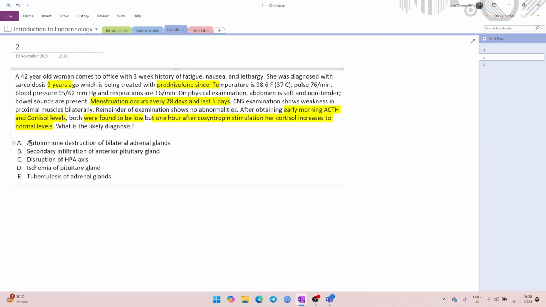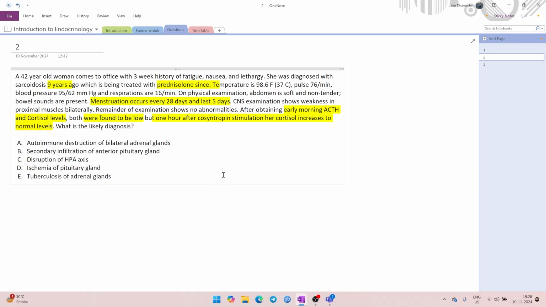So we got two options: autoimmune destruction and secondary infiltration. There is also disruption of the HP axis, ischemia of the pituitary gland, and tuberculosis of the adrenal glands. How do you get to the answer of this question? In order to get to the answer, first you need to know the classification and how adrenal insufficiency is classified.